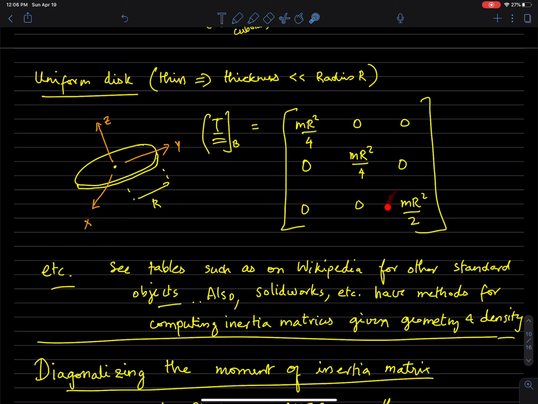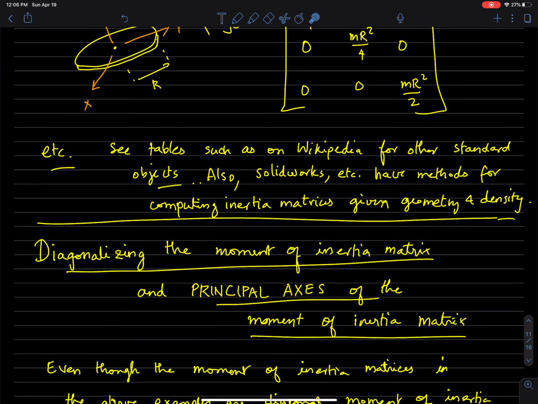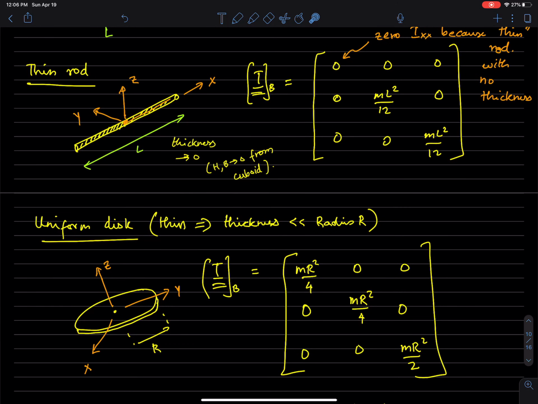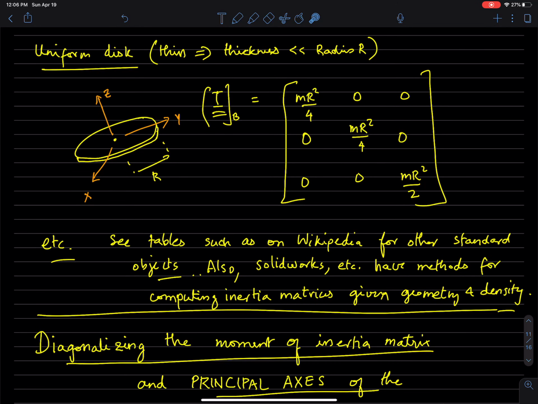So this is what we derived earlier, and then it turns out these two add up to this thing. For a planar object, if z is perpendicular to the plane, then Ixx plus Iyy equals Izz, but only for a planar object. That's sometimes called the perpendicular axis theorem. In any case, these are just some simple examples of standard objects with their 3D moment of inertia matrices.